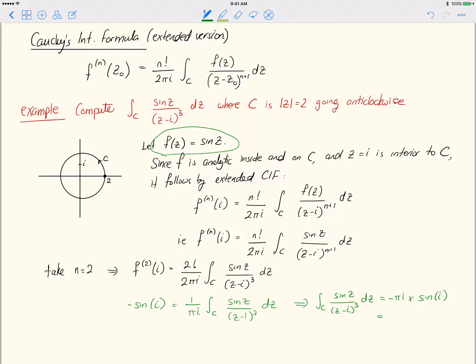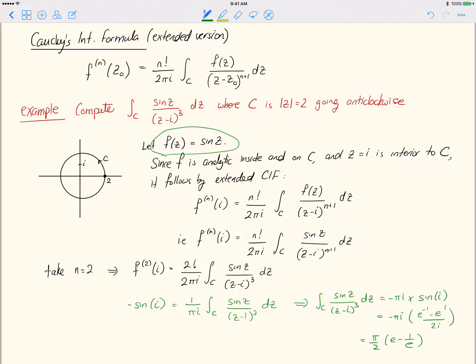And by definition of sine, sine of i will equal e to the negative 1 minus e to the 1 over 2i. So the i's will cancel, and your answer will be the following. And that's your answer there.